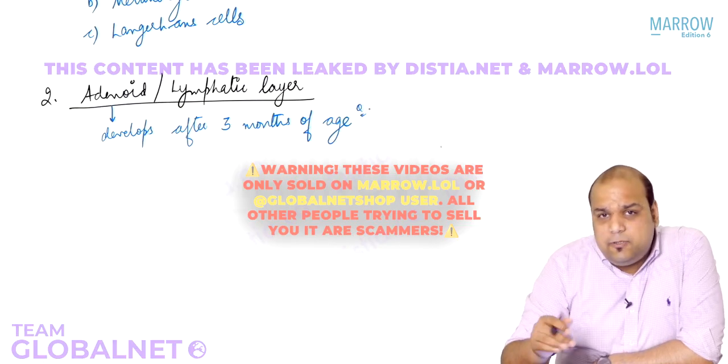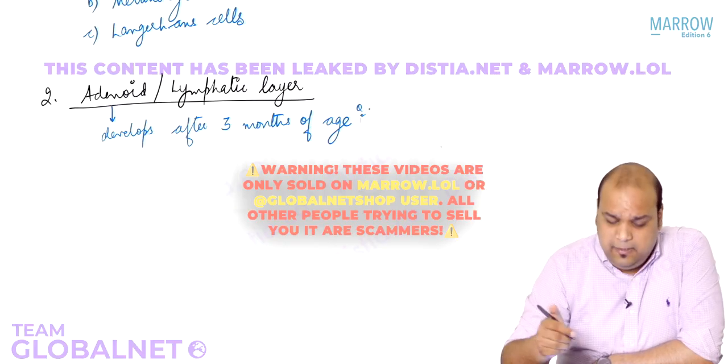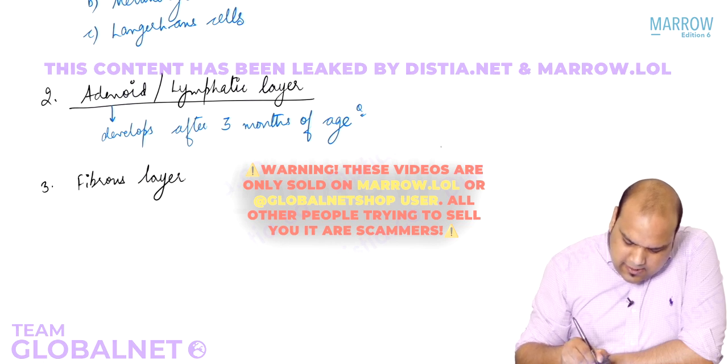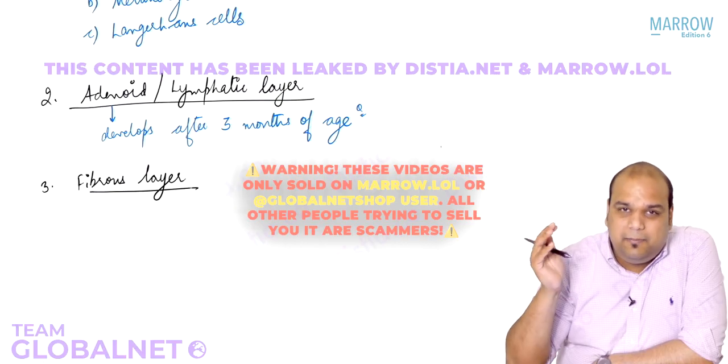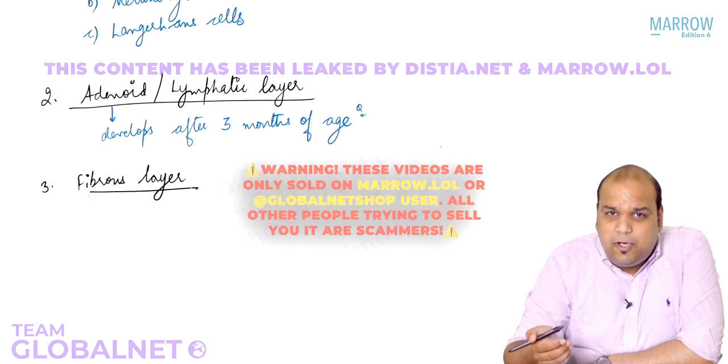Please remember this. So there cannot be any lymphoid reaction of the conjunctiva before 3 months of age. Done? And then the last layer is the fibrous layer. This fibrous layer consists of the nerve fibers and the blood vessels and everything else. Am I absolutely clear? No confusion about this. Simple histology, the main point being the goblet cell point, everybody.